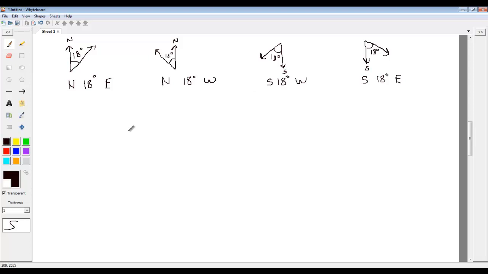So let's say, another example, we have a ship that leaves port and sails on a bearing of south 34 degrees west for 2.5 hours.